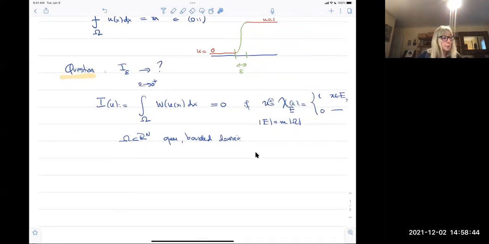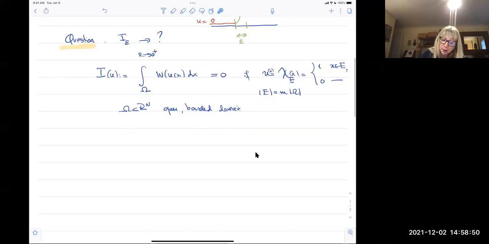Okay, so we have a program for this. The goal is to identify what this limit is, and whether it gives us a selection criterion.